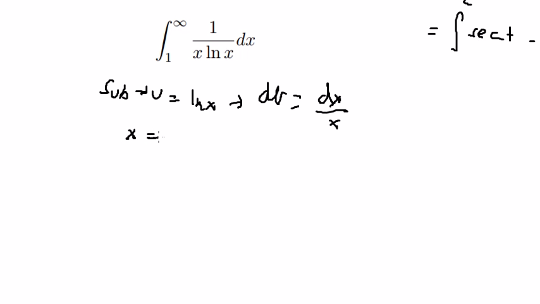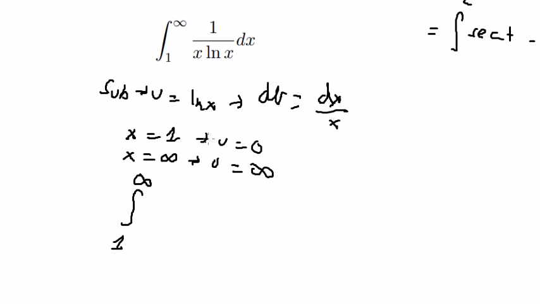If s equal to number 1, so u should be about number 0. If s equal to positive infinity, so u should be about positive infinity. So we got about from 1 to positive infinity. ln s we change for u. ds over s we change for du.